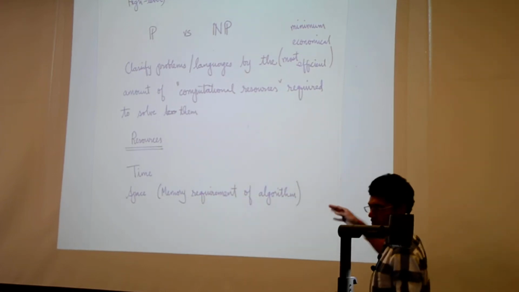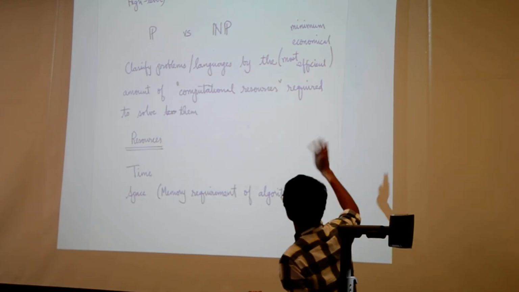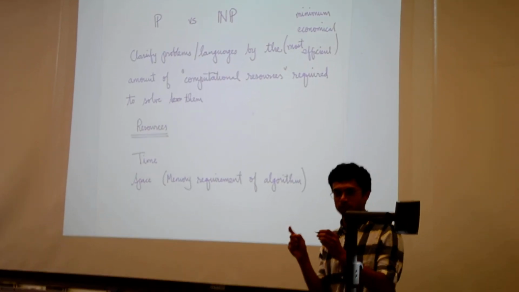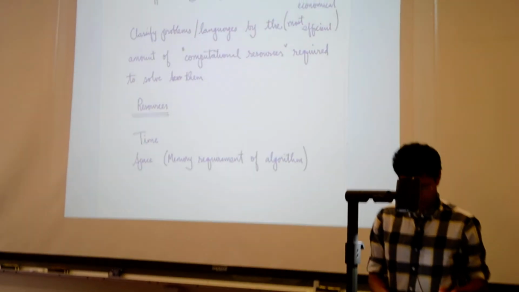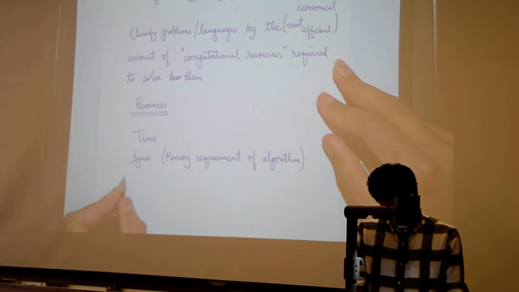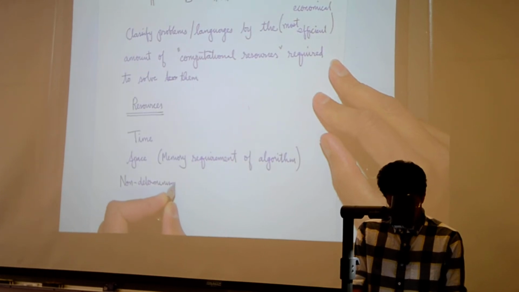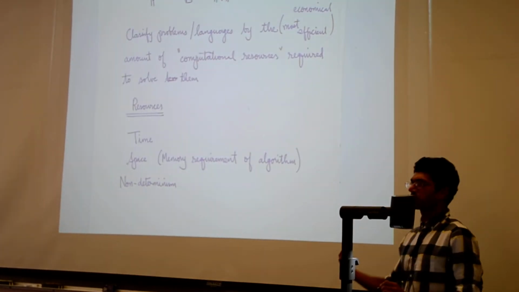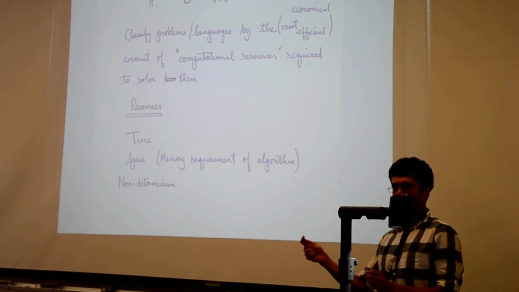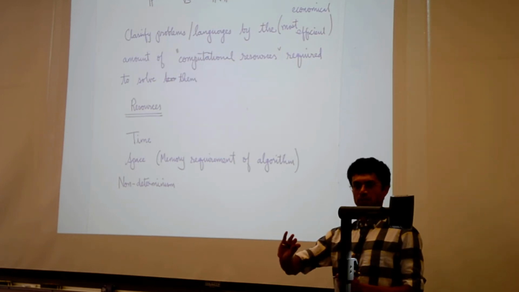So again, a lot of what I'm saying is very high level. I'll switch between talking about Turing machines and algorithms, and so if anything is unclear, just stop me. But I'll try to minimize the amount of mathematical symbols I'm using, given that it's the last lecture. Right? If you guys agree. So time, space, another resource is non-determinism. And so you can either think of this as the amount of time in a non-deterministic machine, but more generally, you can think of it as, given any machine, you can make it a non-deterministic one.